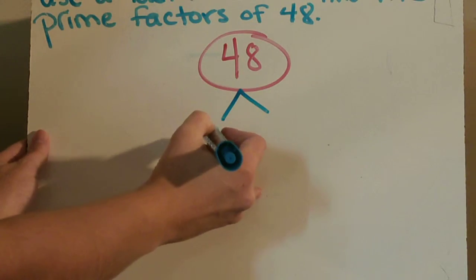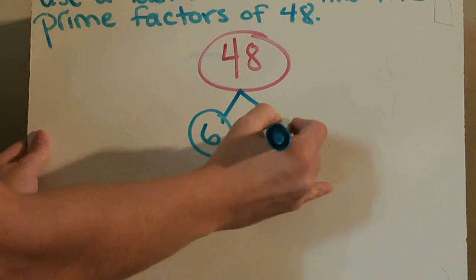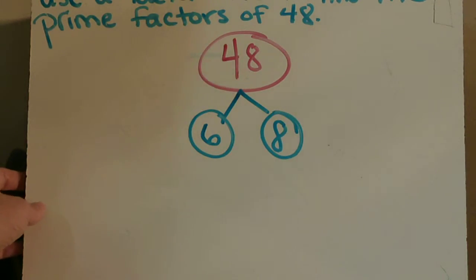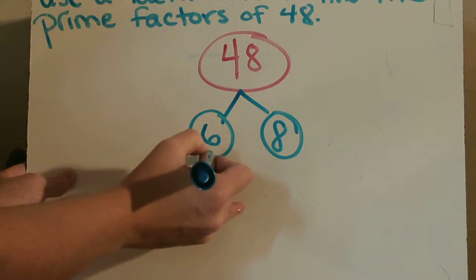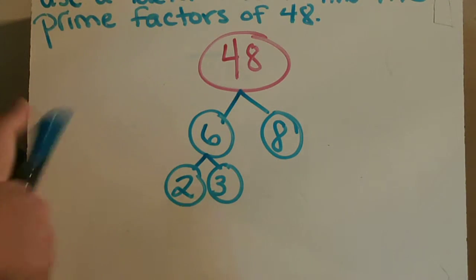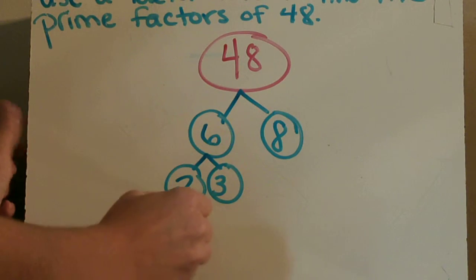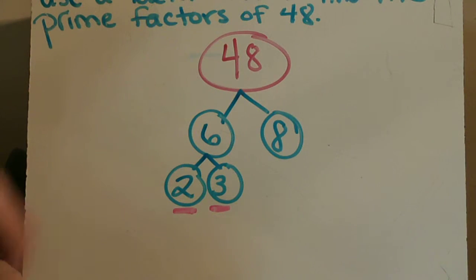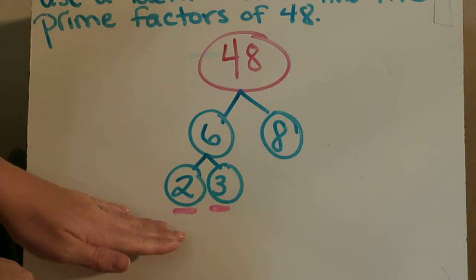I can get to 48 by saying 6 times 8. Now 6 and 8 are composite numbers, so my tree can continue to branch. 6 is 2 times 3, and at this point on the tree for 6 I do need to stop because 2 and 3 are prime numbers, so I cannot go any further on this side of the tree.